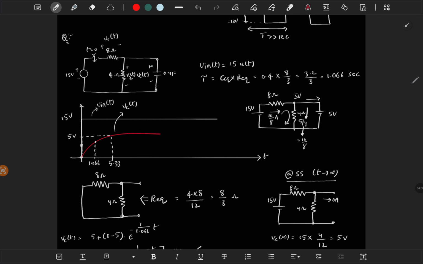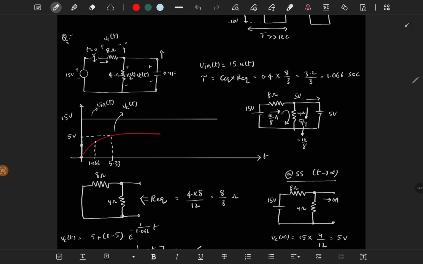And whenever the capacitor starts charging up, the voltage will increase, and it is the same as this voltage. If this voltage is increasing and the input is constant, the potential difference across the resistor is decreasing, so this current is decreasing.